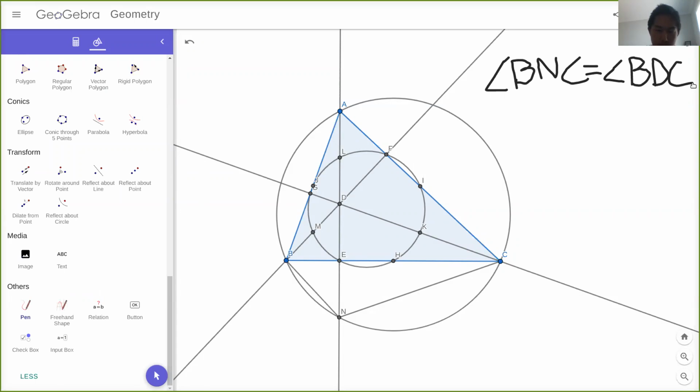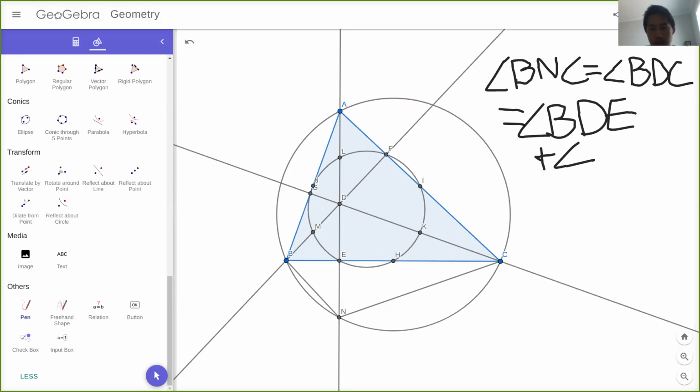It's made of BDE, this thing right here, plus CDE right here.